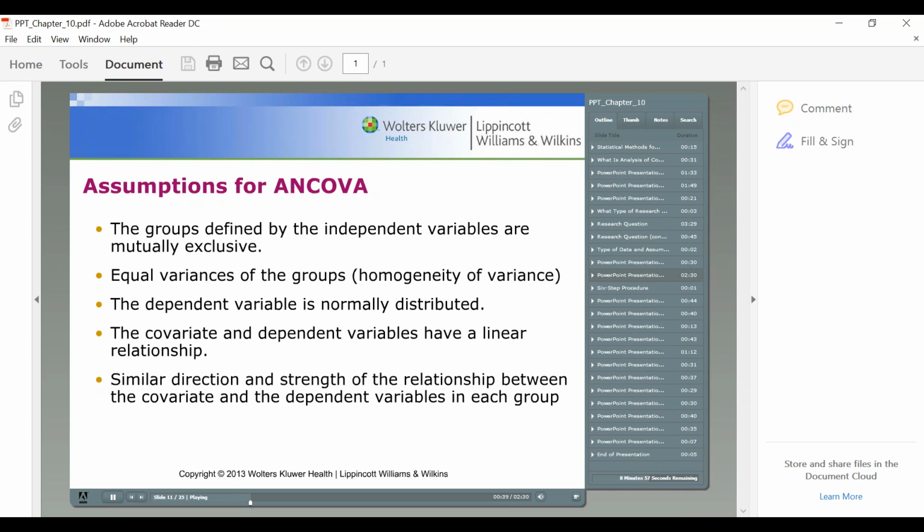And the covariate and dependent variables have to have a linear relationship. So we would assume that the covariate in this instance was consumption of fruits, and our dependent variable is bone mineral density. If it's going to be linear, that means basically as one variable goes up, the covariate, for example, as that increases in number, then the bone mineral density would also increase.